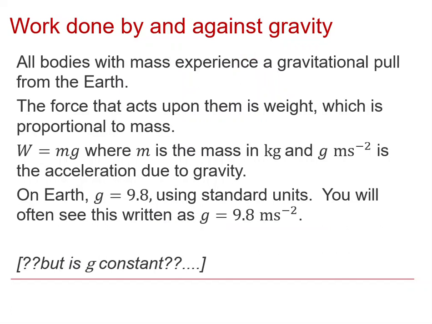So a more refined model would involve g having some degree of change over the particle's path, but that's really only necessary for problems concerning space rockets, where you've got large distances and large velocities. So for our purposes, g is constant, and we normally take it as 9.8. You'll see that it's often written as g equals 9.8 metres per second squared, which is a bit inconsistent because g, strictly speaking, should be a number, but it's usually written like that, and it's clear enough what it means.